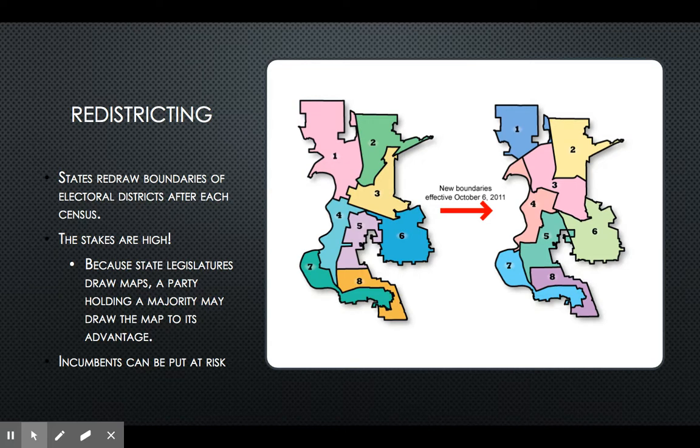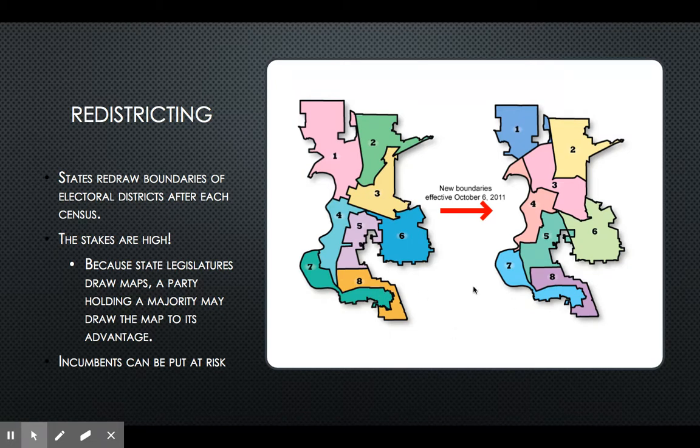A party holding a majority in a given state legislature might try to draw the map to its advantage. This is when a party holding a majority tries to manipulate district boundaries to elect to Congress a disproportionate number of members of that party, wanting that party to have the most seats in Congress. And this is called gerrymandering. We'll talk a little bit more about gerrymandering in the next slide.